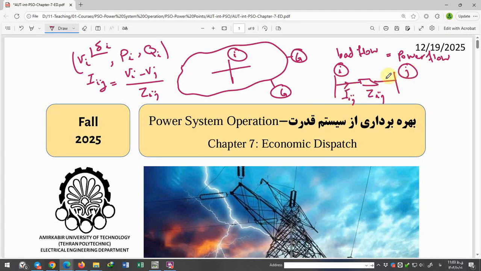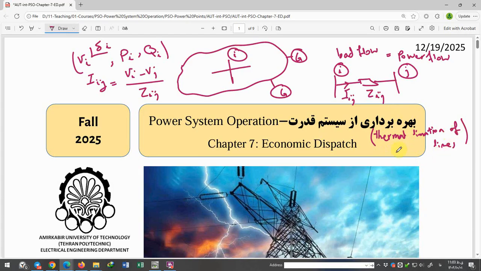The lines have a limitation of current. We say in power system the thermal limitation of current of lines.